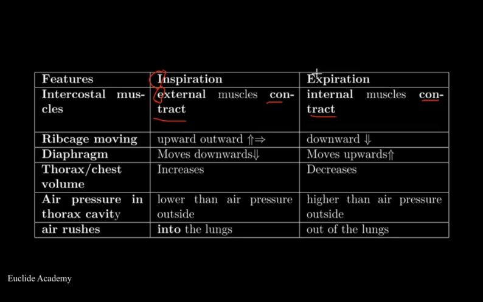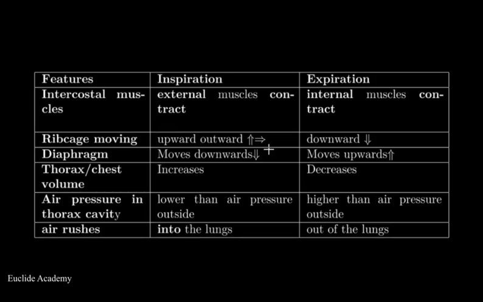And for expiration, we have got an E, an I, and an E. If we were to use external muscles here instead of internal muscles, we are going to say they relax. So EE, they relax, and IE, the muscles contract. That will just depend on how you want to use that.